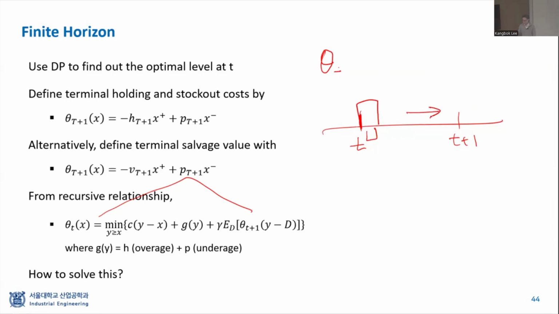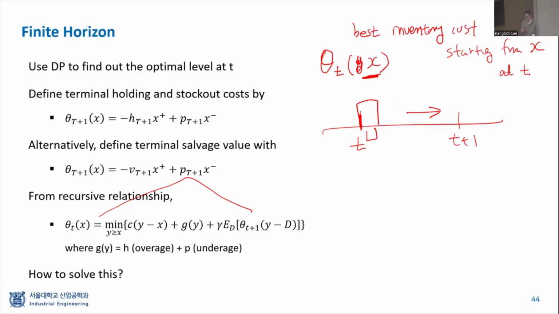So let's just assume theta t of x is the best inventory cost starting from x at t to the end. This is important, to the end.